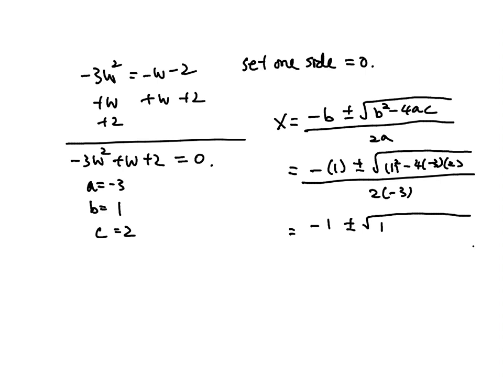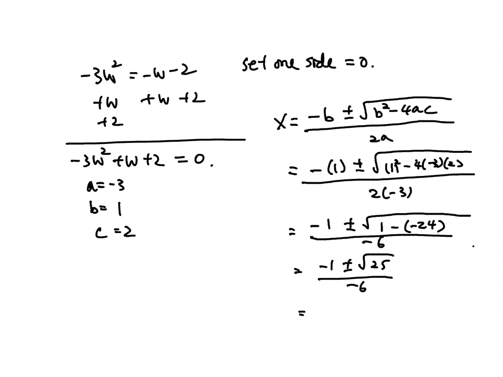1 squared is 1, minus 4 times negative 3 is negative 12. Negative 12 times 2 is negative 24. So 1 minus negative 24 over negative 6. 1 minus negative 24 is 25, which is good. I like perfect squares.